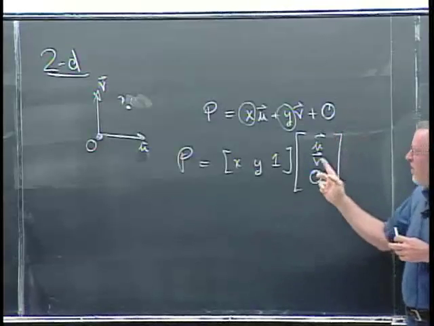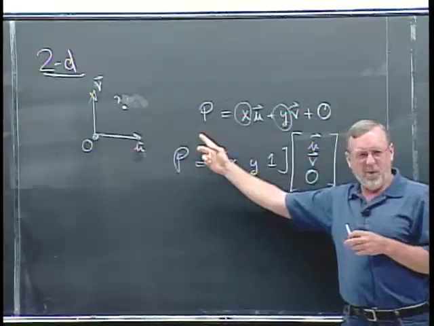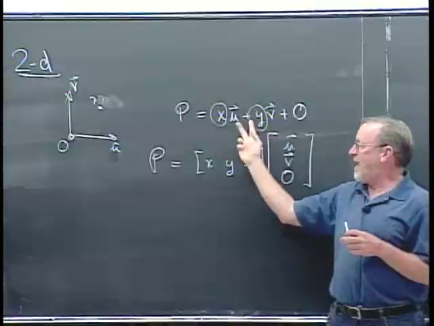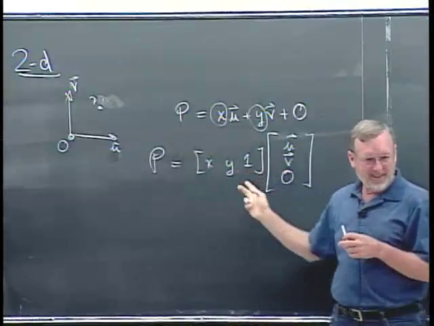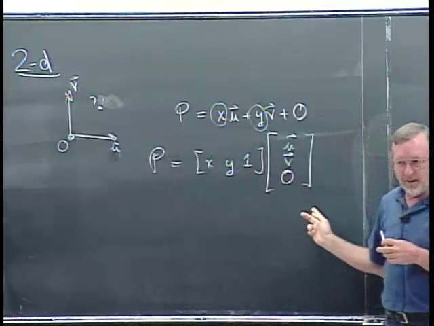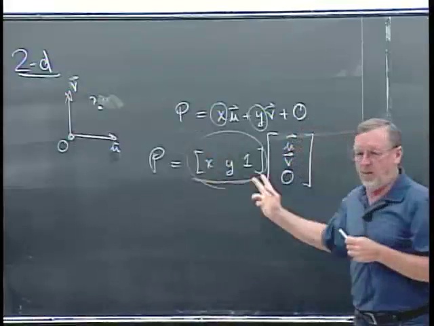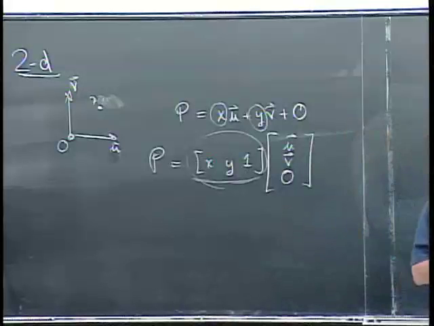If you remember from that very first lecture where I did points and vectors, this is a point. You have to add a vector to a point, so we have to pick up this O to get a point back.